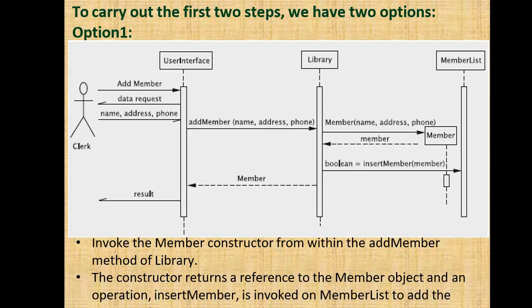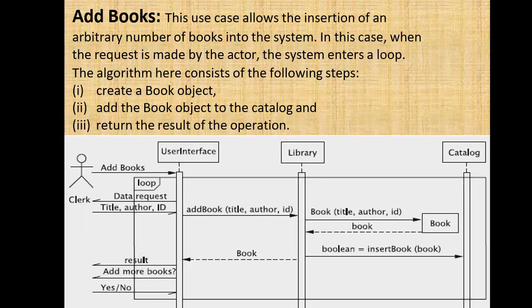Then it will give the boolean answer for insert member, and that will be returned to the user interface, and it will give the result to the clerk. The constructor returns a reference to the member object, and an operation insert member is invoked on the member list to add the new member.